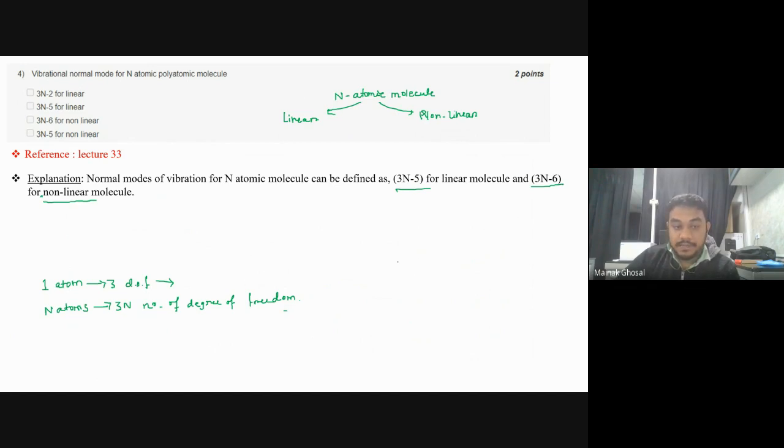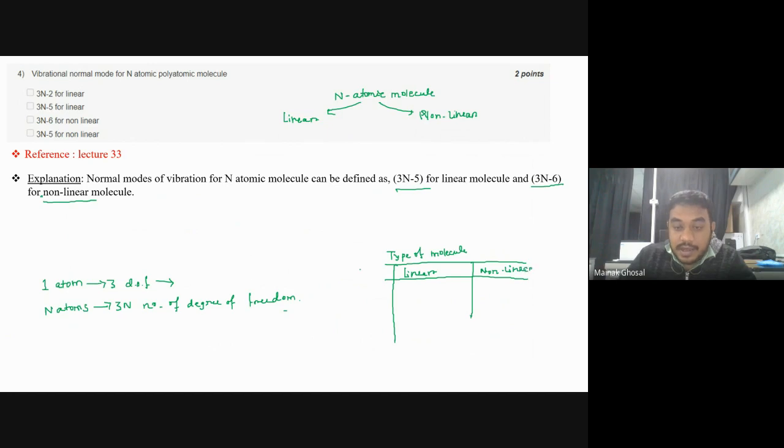I am making a table for the type of molecule. On my left side I am writing linear molecule, on my right side I am writing non-linear molecule.